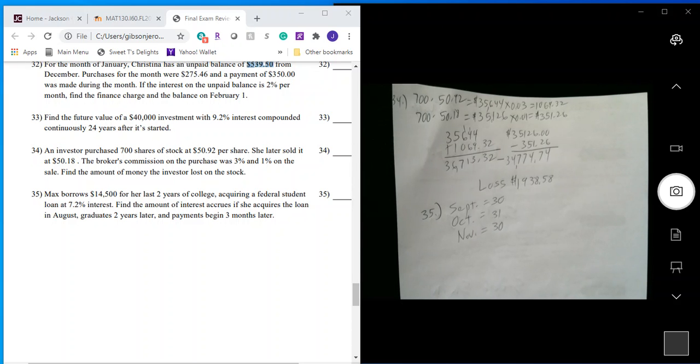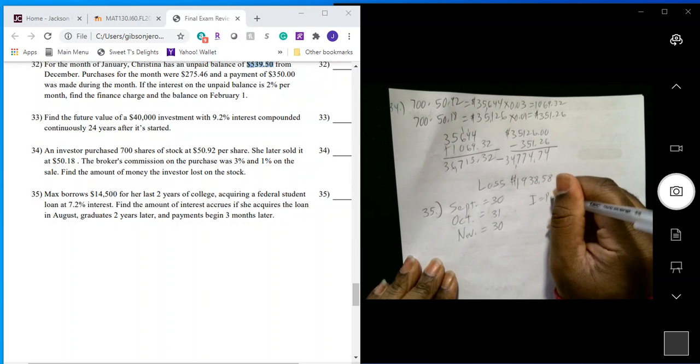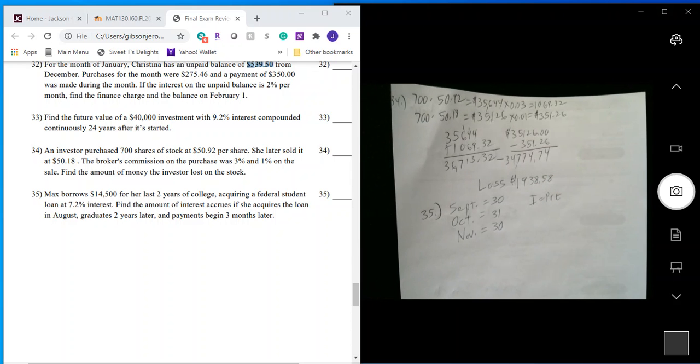First thing we need to do is the simple interest formula. Interest is equal to principal times rate times time. So we need to find out the annual interest here, which shouldn't be too bad.